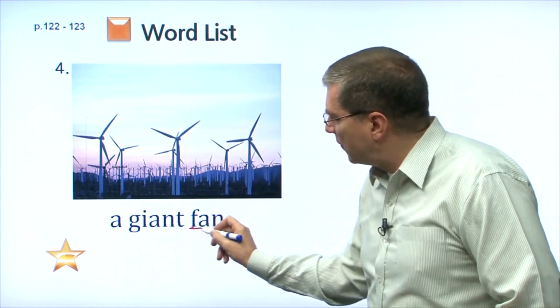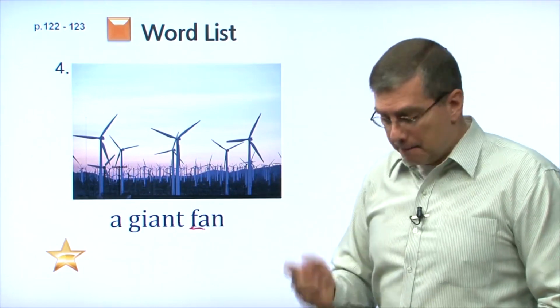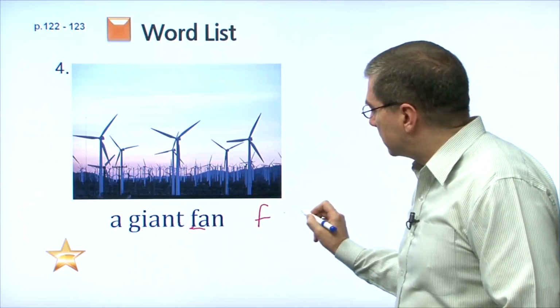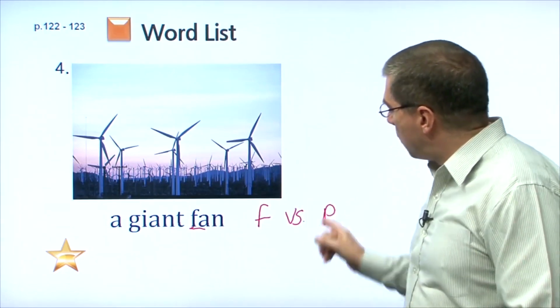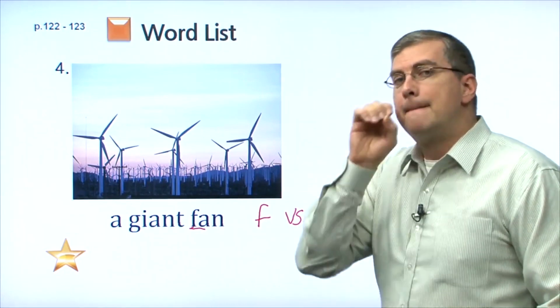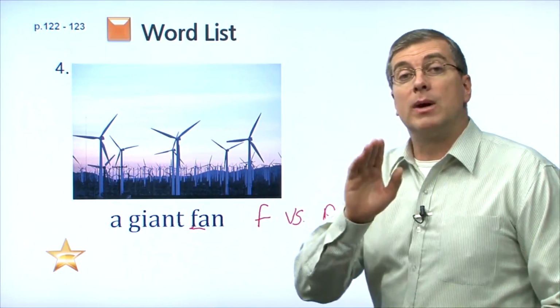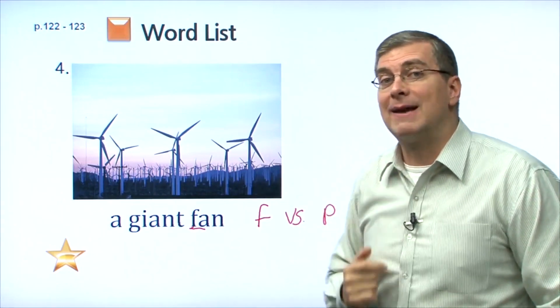This is giant fan. F. We have the F sound. Be careful between F versus P. Before we learned P, P is the sound for that. But be careful with F. With F, we put our teeth on our bottom lip, like this.